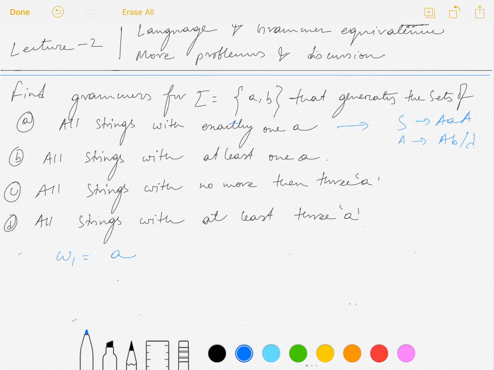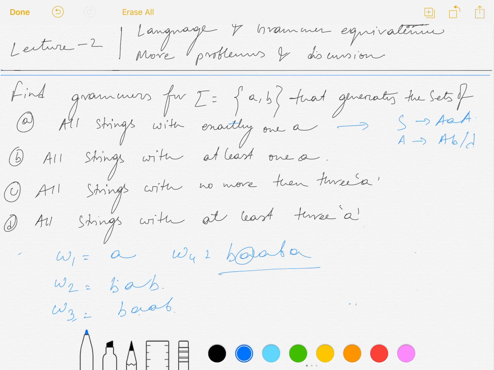The strings may be: omega 1 equal to A, that means at least one A is there and there may be no B also, or it may be BAB, or omega 3 BAB, or omega 4 equal to BABA, like this.